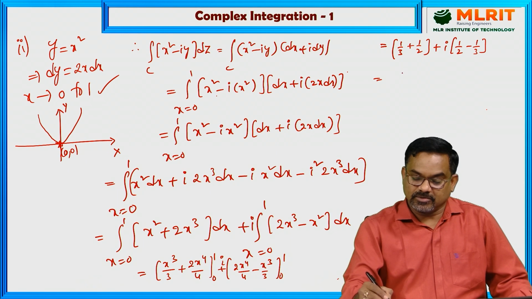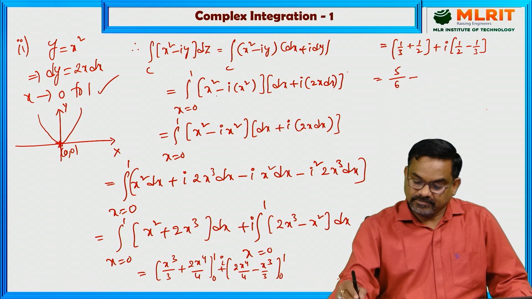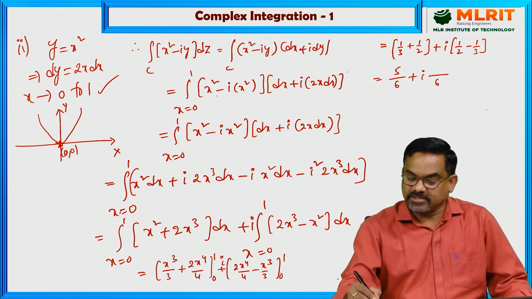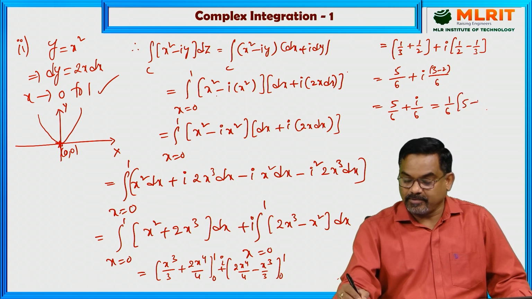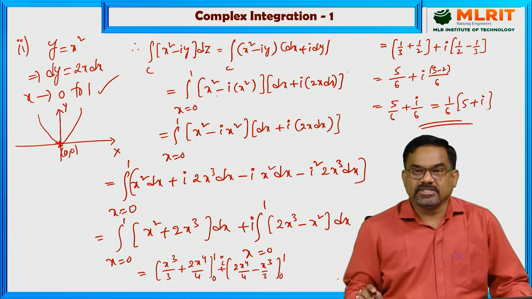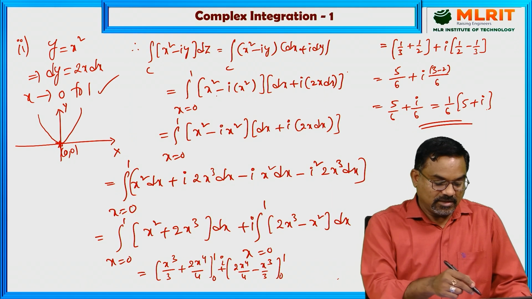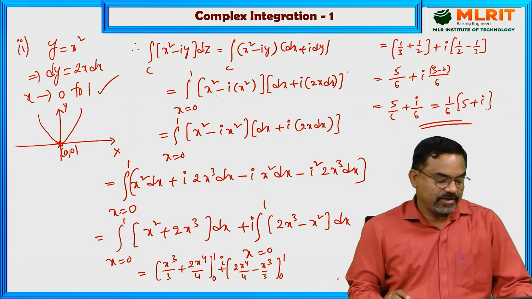That is equal to, again LCM 6, 5 by 6 plus i into, again LCM is 6, 3 minus 2. So 5 by 6 plus i by 6, which is 1 by 6 into (5 plus i). So this is the line integral along the given parabola y equal to x square.